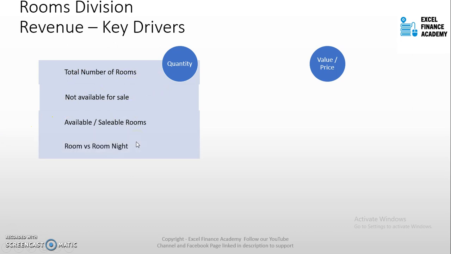Now we have another thing, which is called room versus room night. What is a room? A room is one static number. If the hotel has 100 rooms, it's 100. But a room night means that if one guest stays in that room for 2 days, it is said he stayed for 2 nights, but he still stayed in one room.